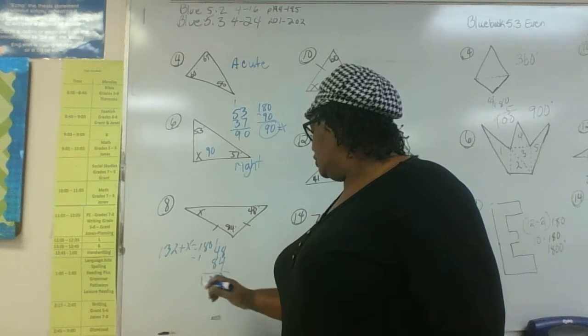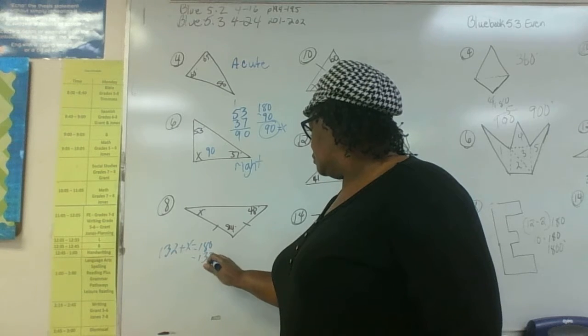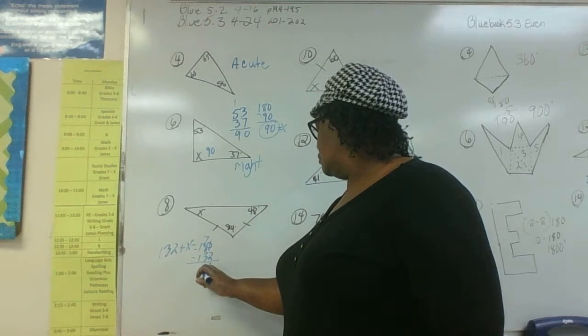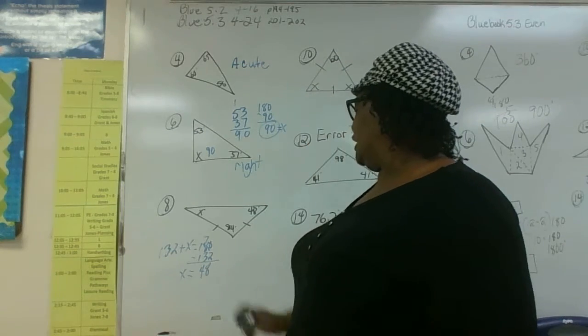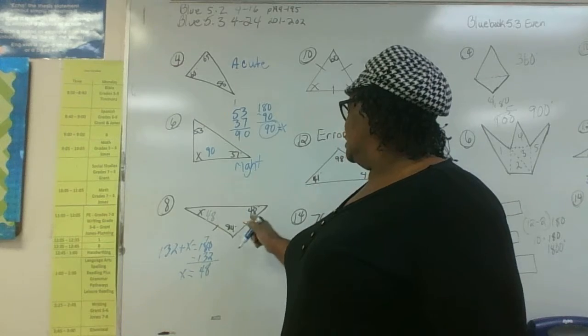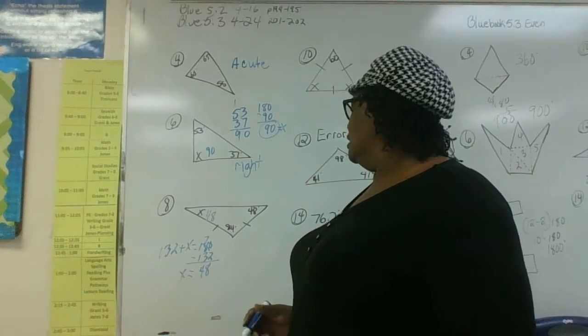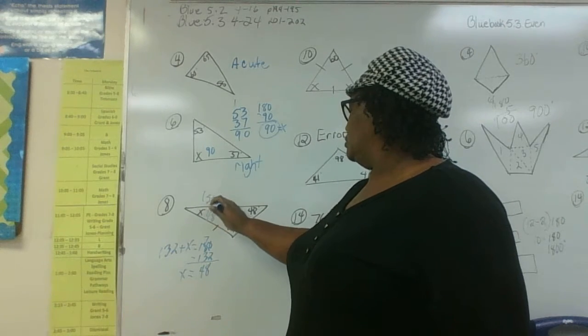So when we take 132 away, x is equal to 48. So that makes this 48. Since these two angles are 48, these two sides are the same, so this is known as an isosceles triangle.